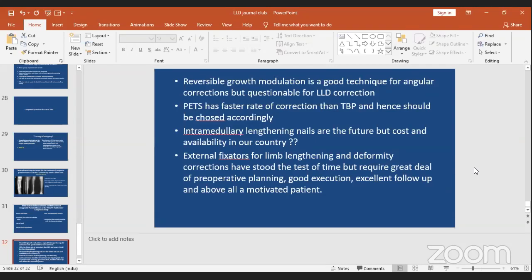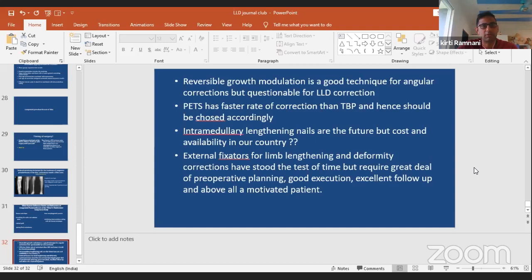Yeah. So even in the paper which they studied the use of intramedullary nail for deformity correction and lengthening, when I saw the images which they had shown, the amount of deformity is very less.